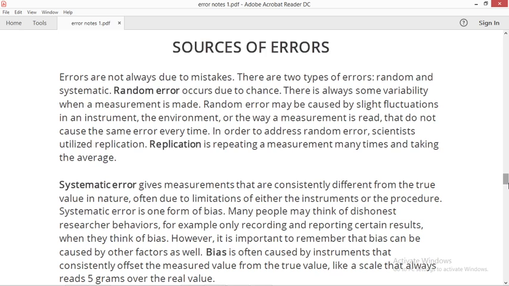This is something that we have all been doing in the physics experiments in our 11th and 12th grade. Say in a vernier caliper, as we already discussed, if there is a cube and we are measuring it again and again and then taking the average, that is nothing but replication. They use it to minimize the random error which occurs due to chance.